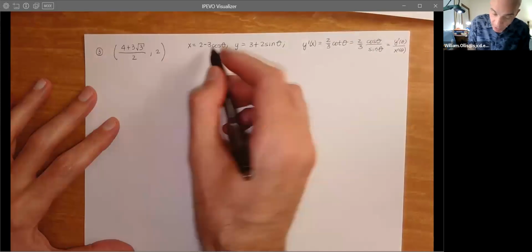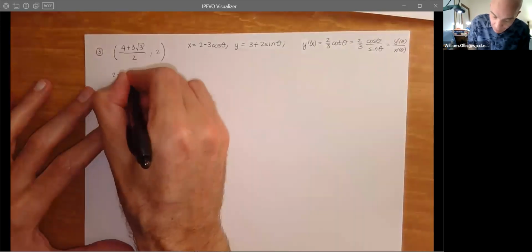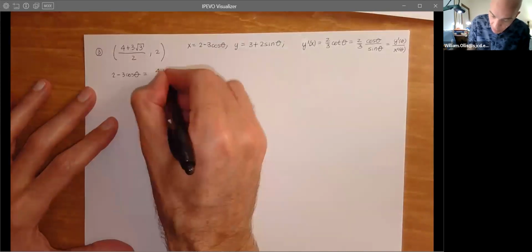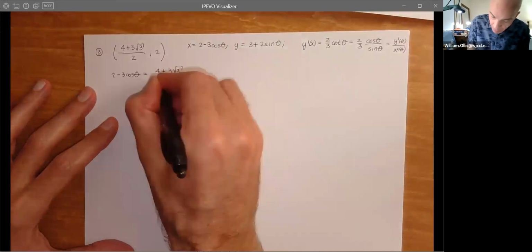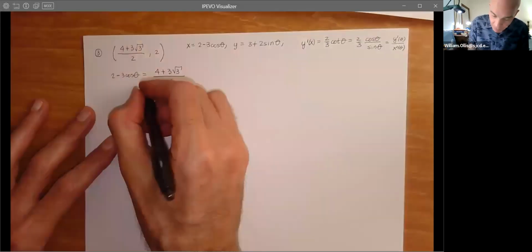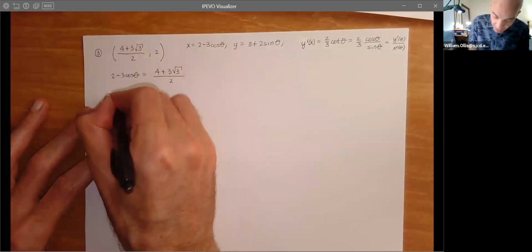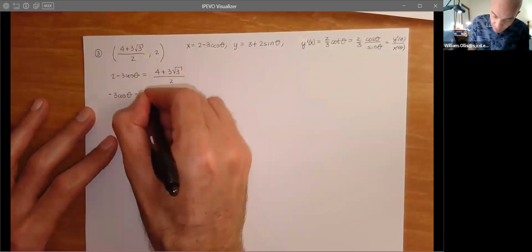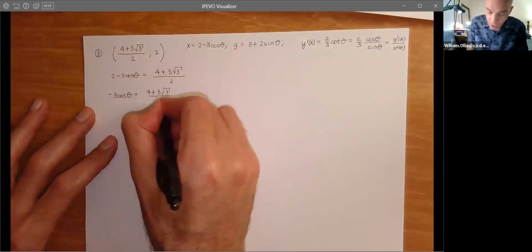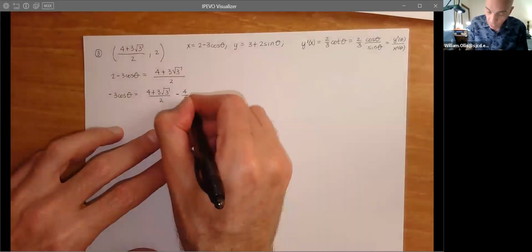So let's see what we have. We have 2 minus 3 cosine theta equals 4 plus 3 root 3 over 2. Now we can mix and match. So we can say -3 cosine theta equals 4 plus 3 root 3 over 2, and of course get a common denominator of 2, so this will be a -4 over 2.